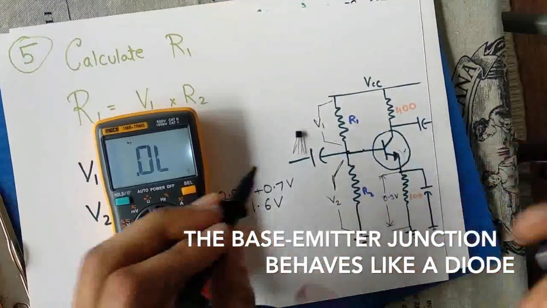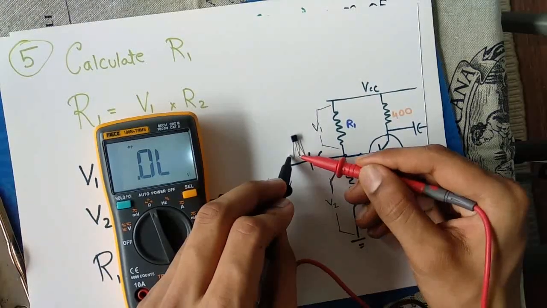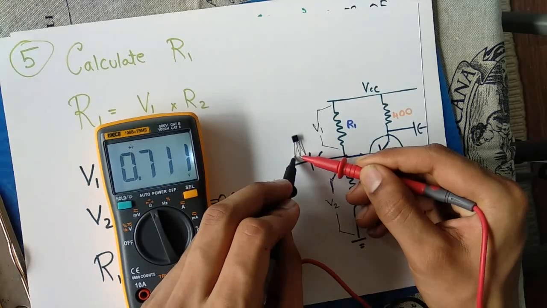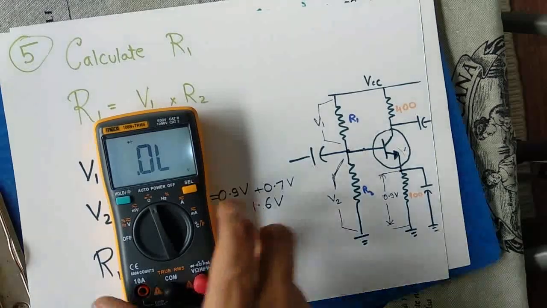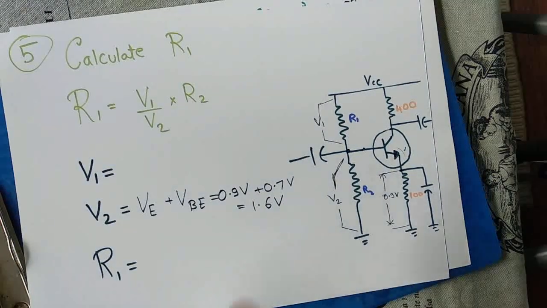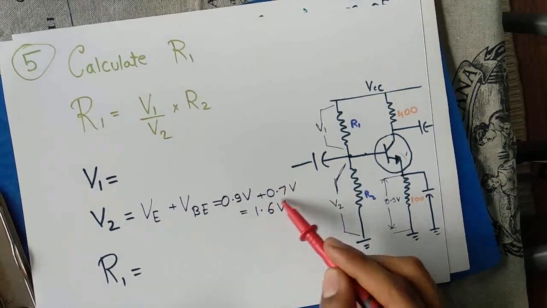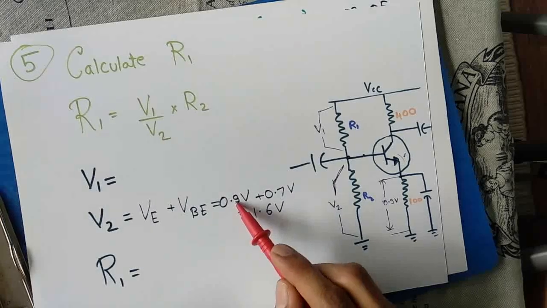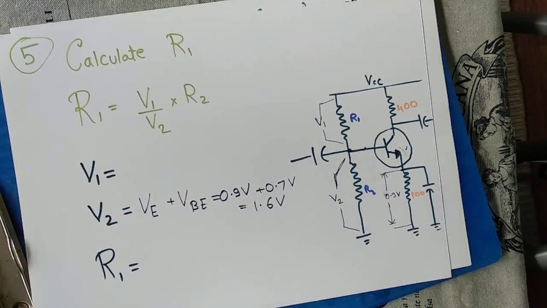If I put the multimeter across the base emitter junction, which is here and here, there we have 0.7 volts as the forward voltage of this diode. And if you're using a germanium transistor, this 0.7 volts becomes 0.3. So you'll have 0.9 plus 0.3 for a germanium diode. That's the difference.